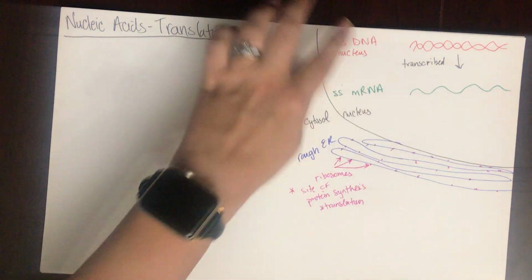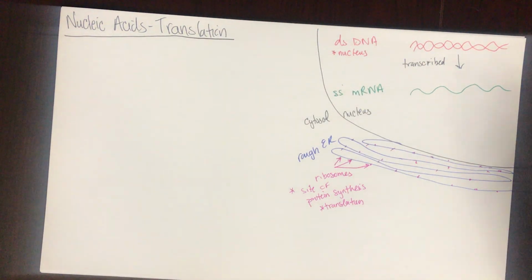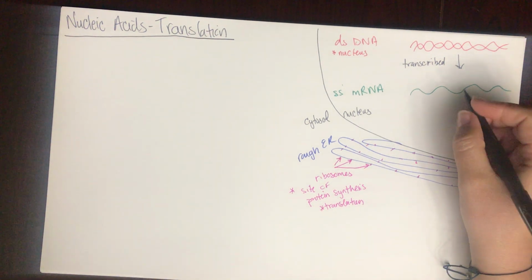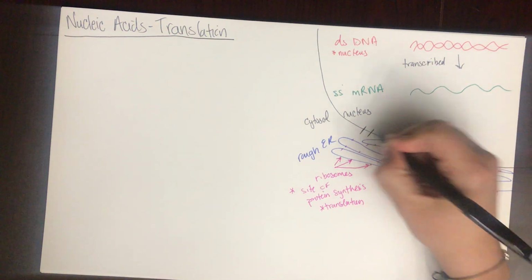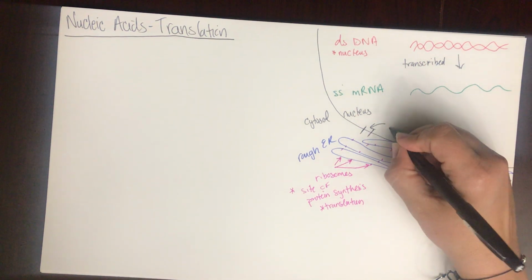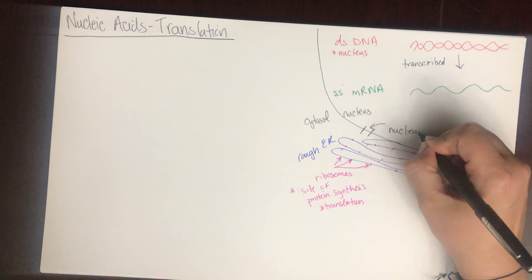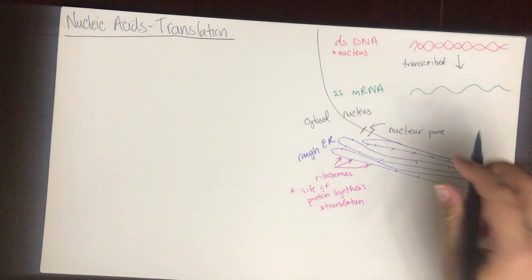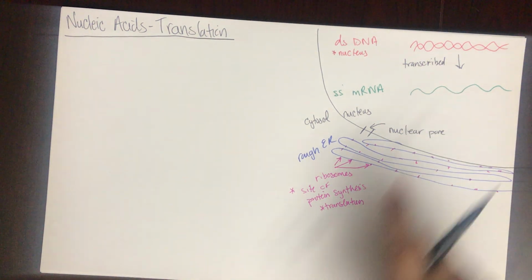We talked about transcription in the last video, going from double-stranded DNA to single-stranded messenger RNA. The next thing that needs to happen is this single-stranded messenger RNA is going to leave the nucleus through what's called a nuclear pore, which only messenger RNA can go through.